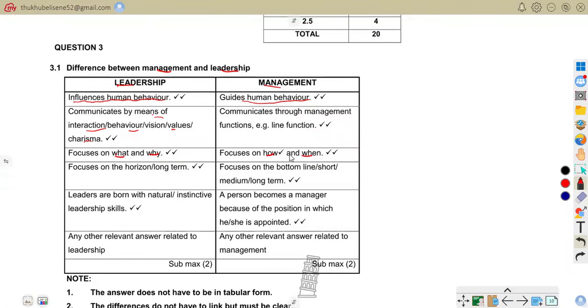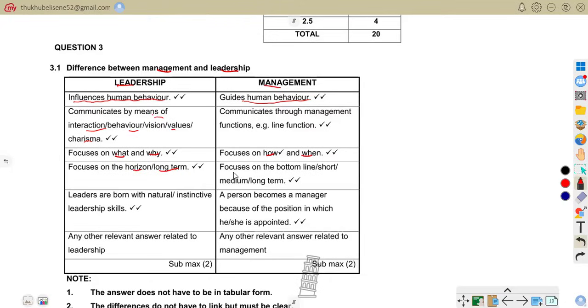Also, leadership focuses on the horizon or long term. They plan for the future, for example, expanding a business in 5 years to come.